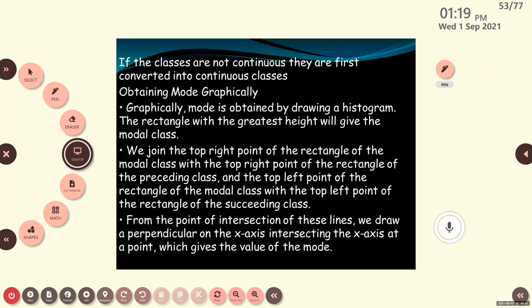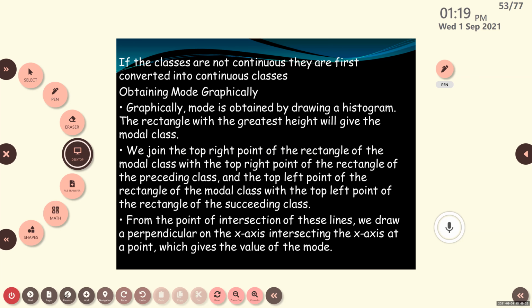We will find that there will be an intersection of these lines. Then from where they intersect, you draw a line down to which axis? X axis. You will be getting the value of mode here.